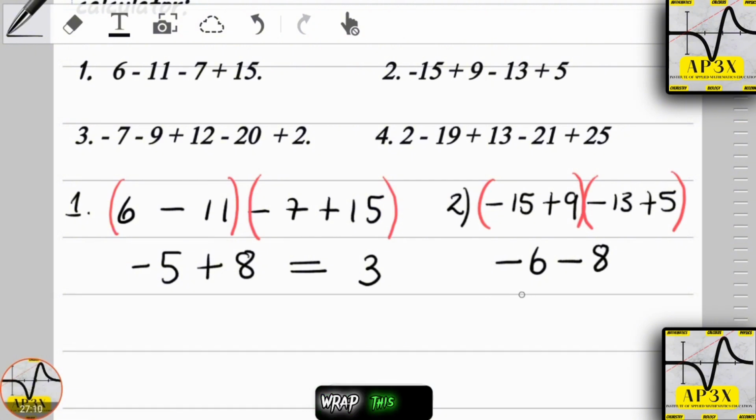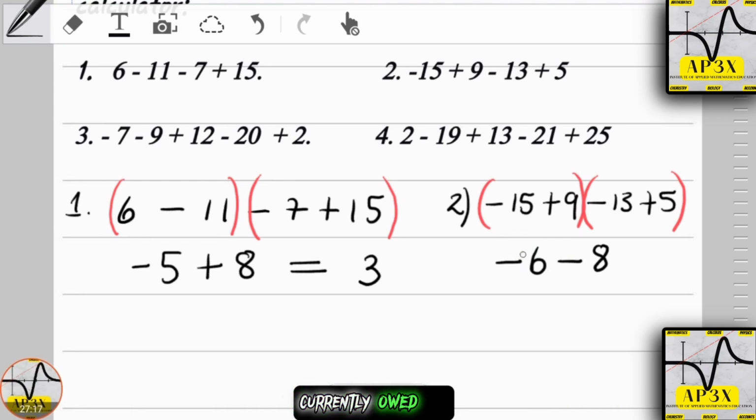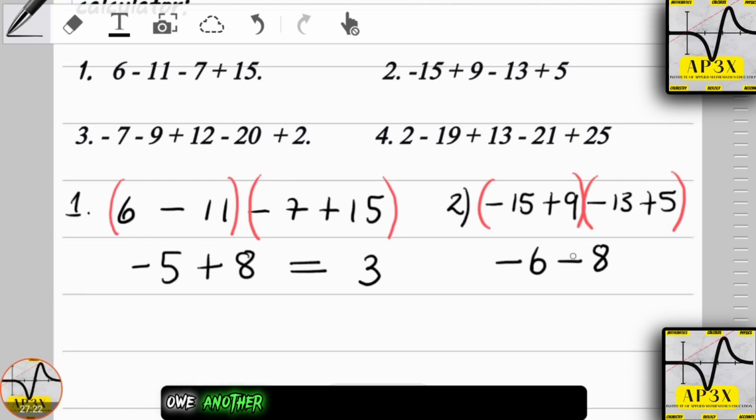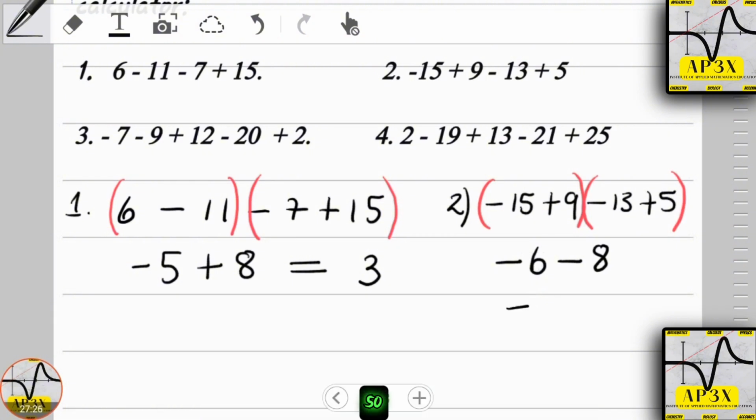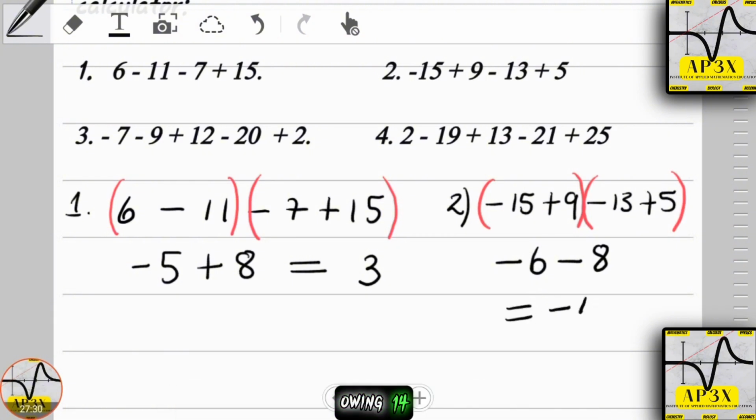Next, finally wrap this up then. This would simply mean that I would have currently owed 6, and I would obviously owe another 8 onto that 6 that I already owe. So therefore I would have ended up owing 14.